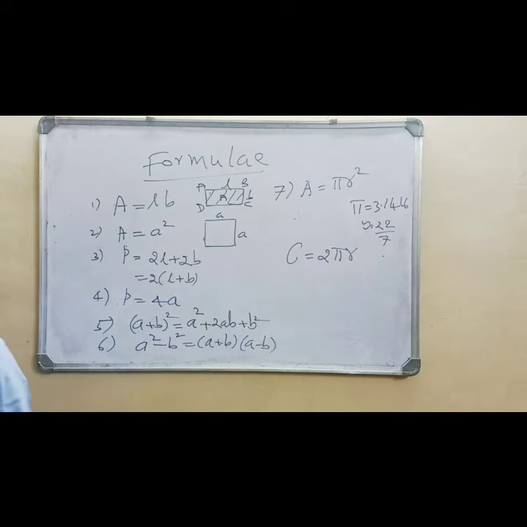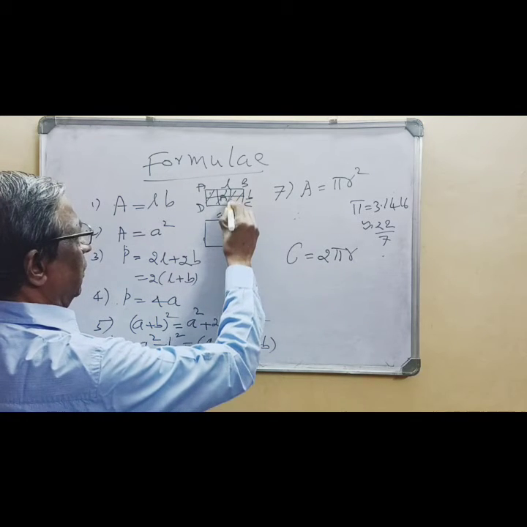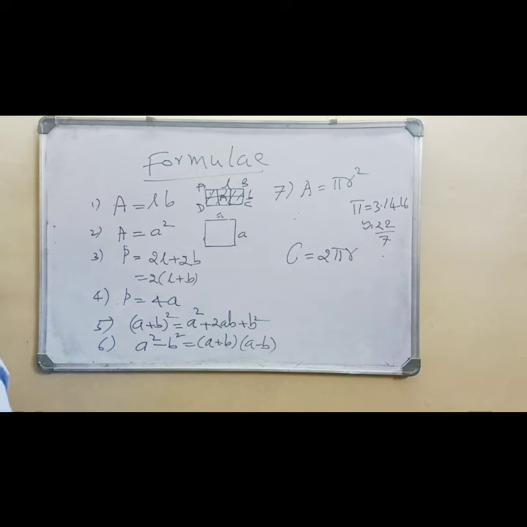The area, you know, is measured in terms of squares. Actually, if you draw it like this, each becomes a square. There are 6 squares.